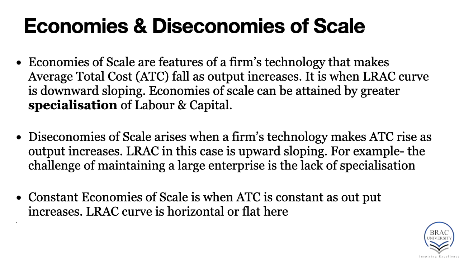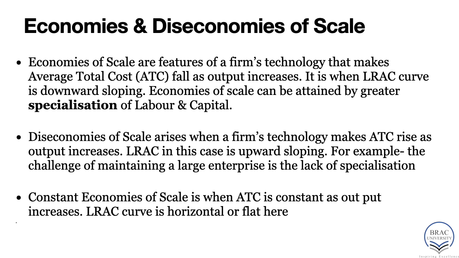When economies of scale are present, the long-run average cost curve slopes downward. So basically, if economies of scale are present, then when a firm doubles its inputs, its output will more than double, and therefore its average cost will fall.